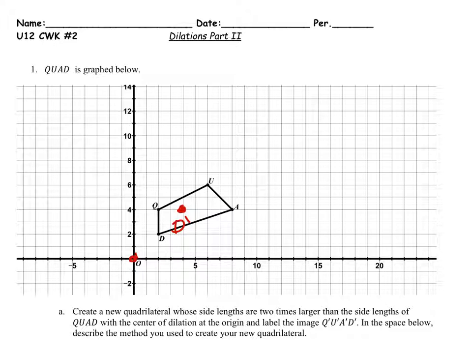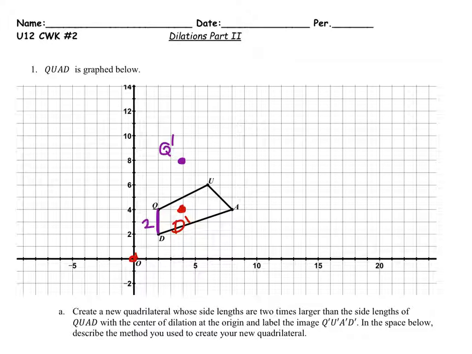Now we could use the same method for Q, however, we can see that Q and D are 2 units apart. So to double that, we're just going to make Q prime 4 units apart in the upwards direction from D prime.